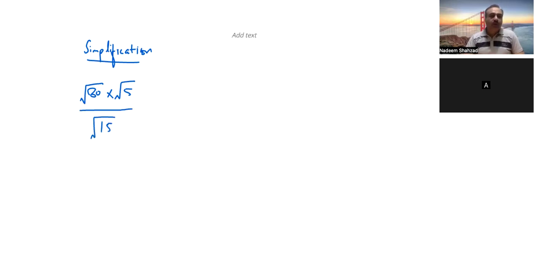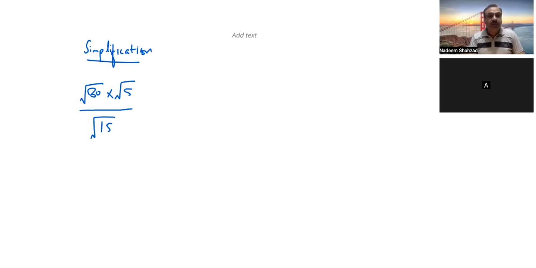On the behalf of multiplication and division of square roots, can we combine all the square roots? Yes, we can, because if the roots are being multiplied we can combine the roots, and also we can combine the roots or surds if they are divided by each other.